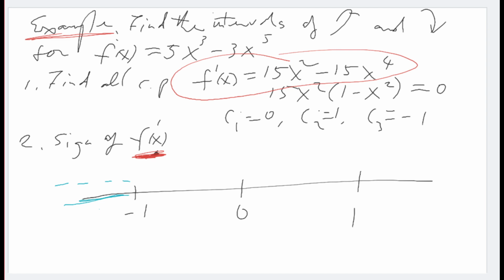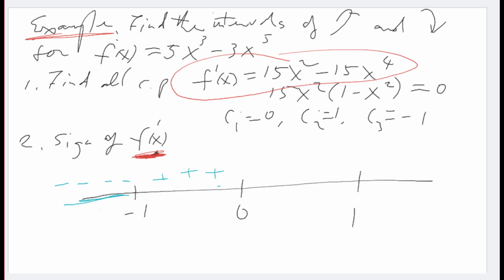Now, between -1 and 0, we're going to pick some value here. Pick any one: -0.5, -0.003. Use your calculator. If you do that, you can find out the value is positive.